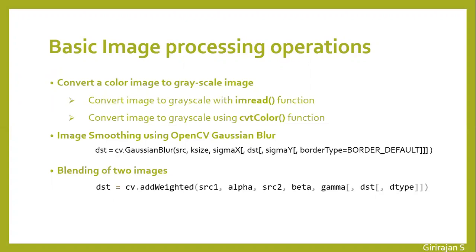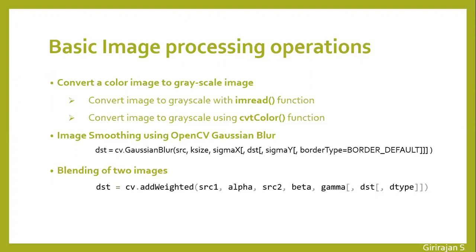In Gaussian blur, DST stands for destination, SRC stands for source, and ksize stands for the Gaussian kernel size, height and width. The height and width should be odd and can have different values. If ksize is set to 0, then it is computed from the sigma value.